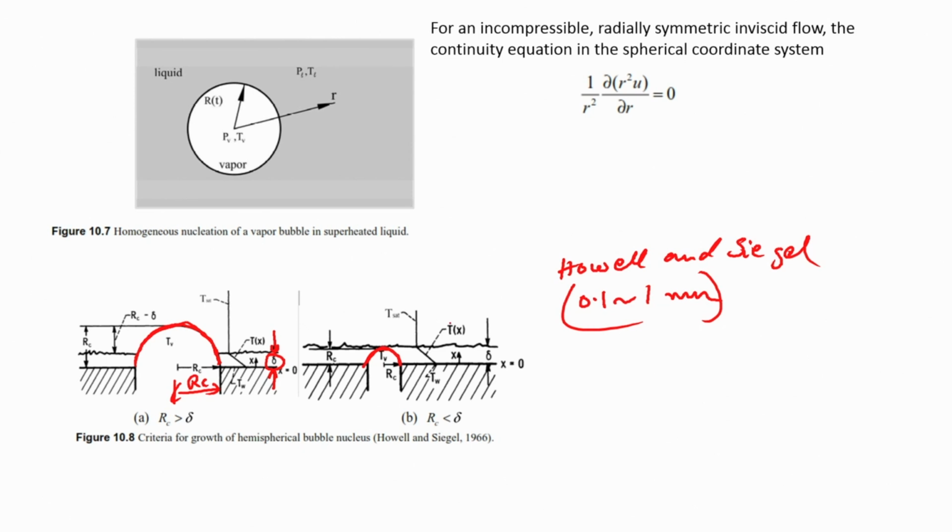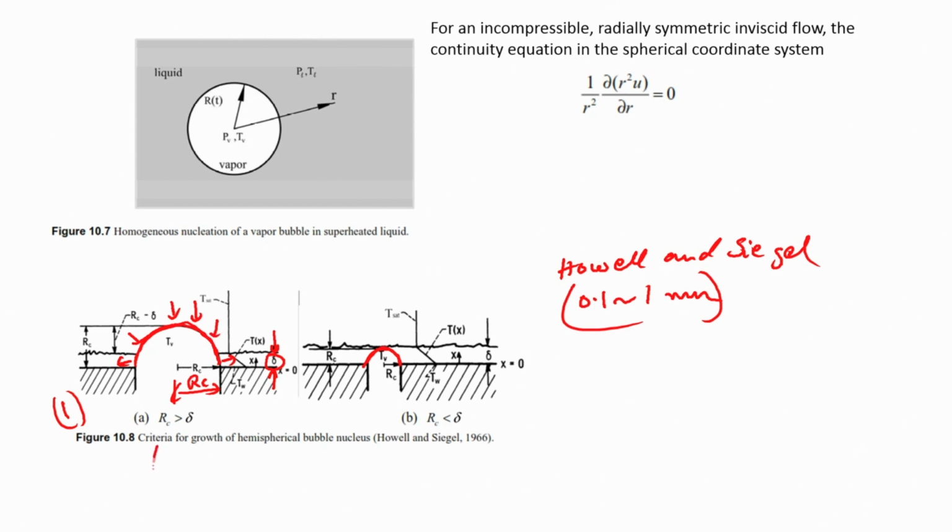So, what they said is that if the bubble is extending out, that is case number 1, then evaporation happens in this layer and condensation happens in that layer, all right.